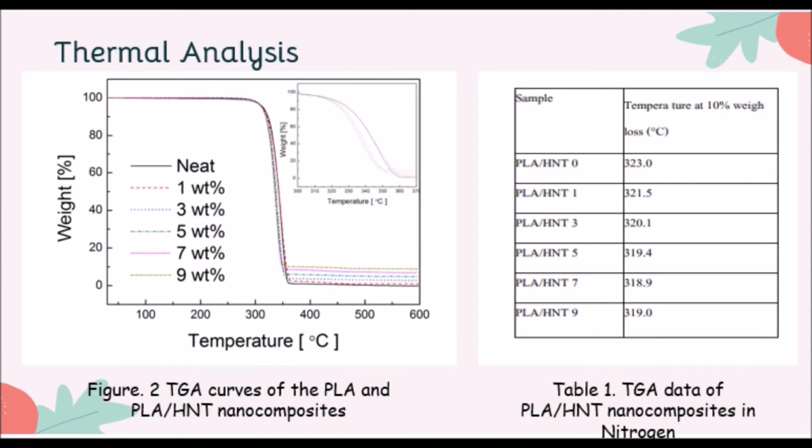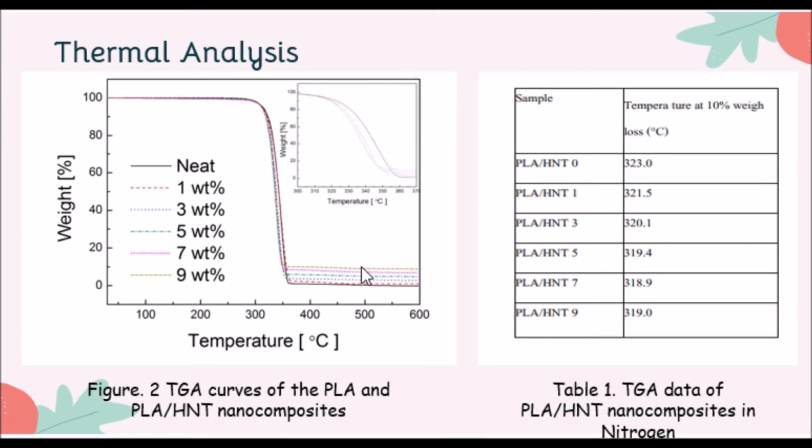Okay, the next is the thermal analysis, where you can see the graph and the table of data of the PLA/HNT nanocomposite in nitrogen gas. So the TGA measurement of the PLA/HNT nanocomposite was conducted in a nitrogen gas environment. In the TGA curves in Figure 2, with the various content of the additive loading, only slight change can be seen.